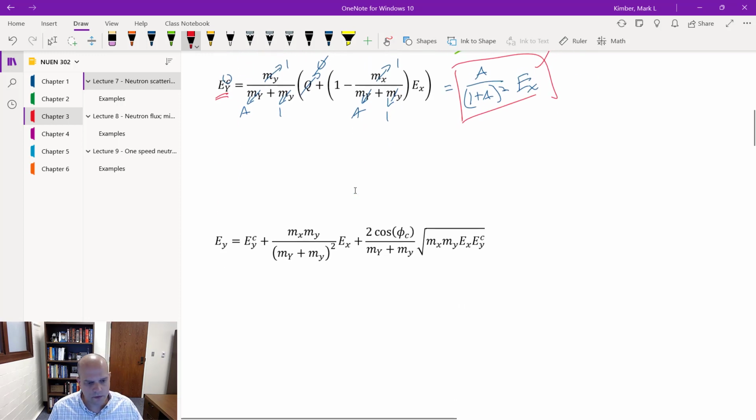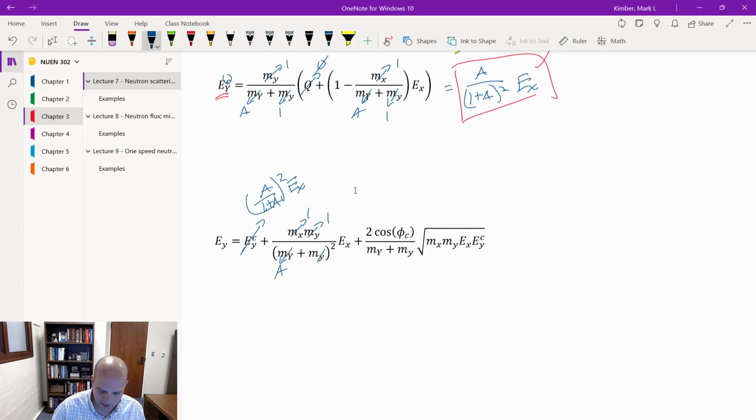All right, let's go to the lab reference frame now. We're looking at EY. We knew that just a minute ago we found an expression for this. This EY in the C reference frame is just going to be A over (1 plus A) quantity squared, EX. This is 1, this is also 1. We have A and we have 1.